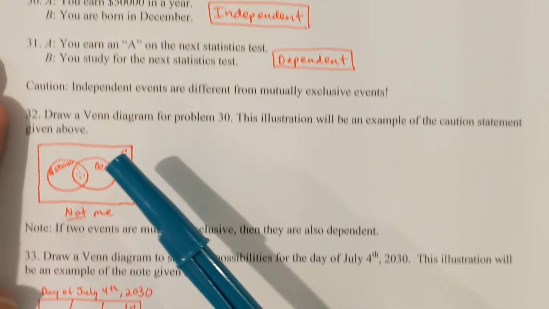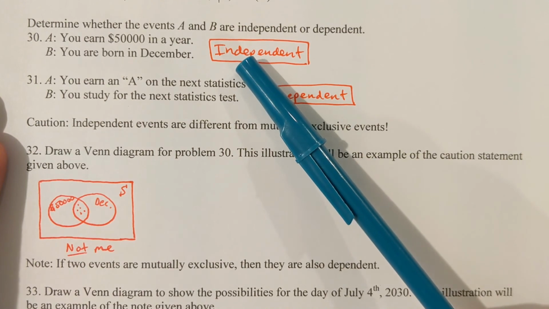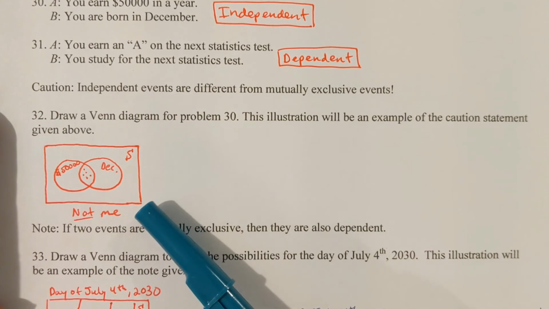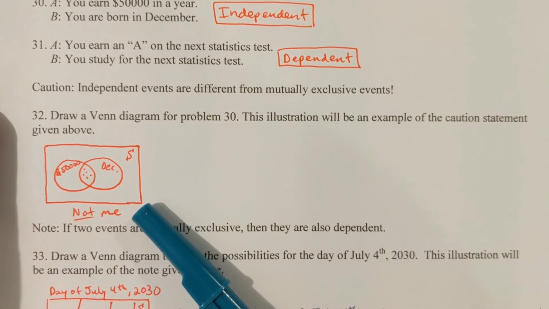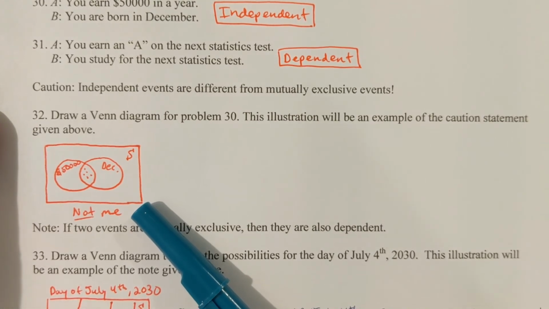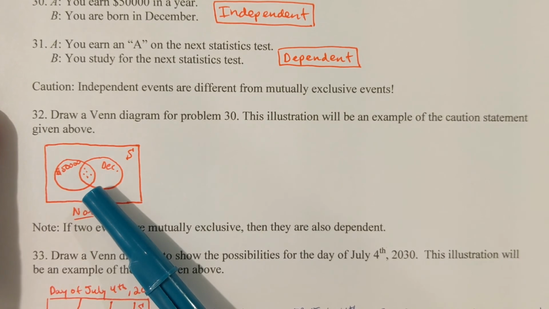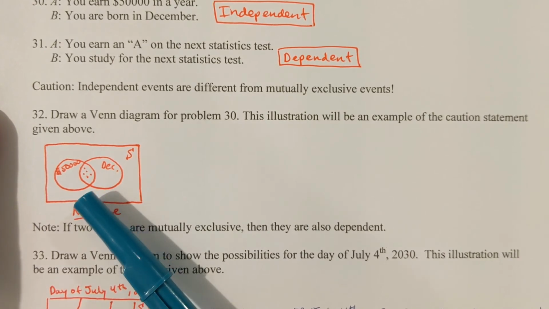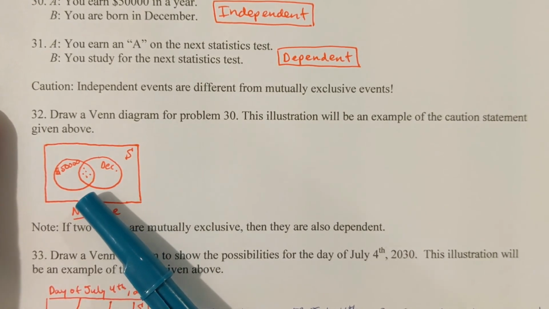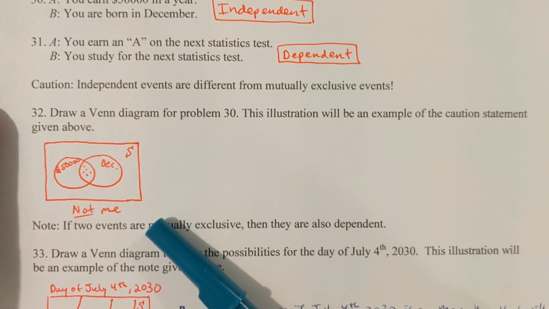Okay, now we've already said that these events are independent, but these events are not mutually exclusive, because it is possible for somebody to make $50,000 in a year and also be born in December. So there are people in the world that would be in the overlap of these two events.